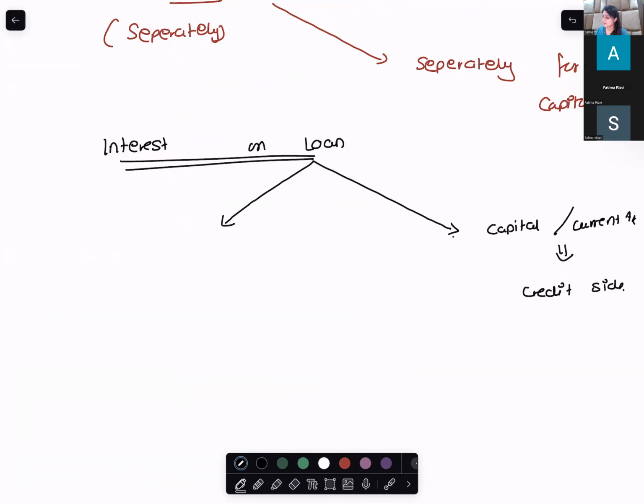The second effect of interest on loan is that it is shown as other expenses in your profit and loss account.